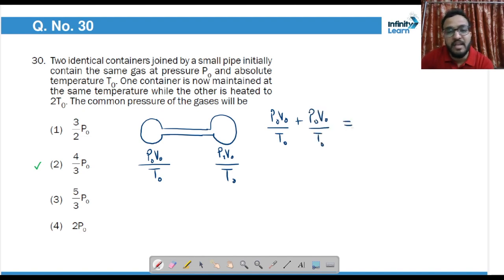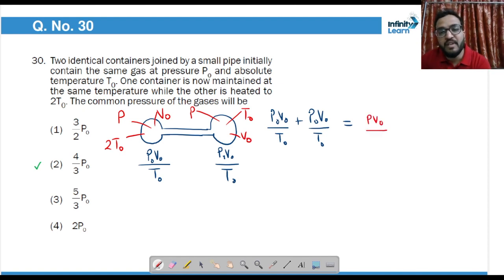Next time the pressure becomes P and P, temperature becomes 2 T naught and T naught. Volume remains V naught and V naught, it is not going to change. So you write it like this: P V naught upon 2 T naught plus P V naught upon T naught.